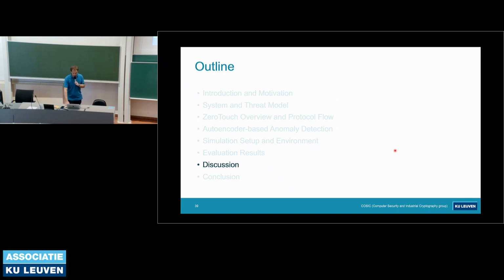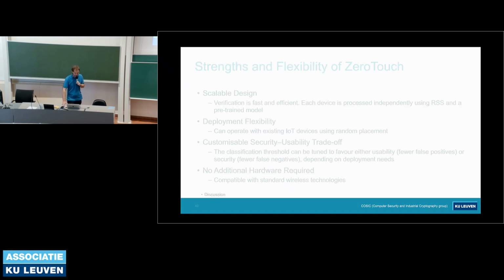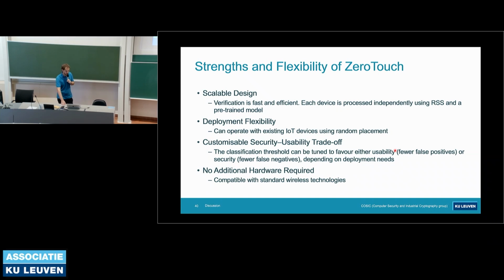So what can we say about this? We argue that the strength of our approach is that it's rather scalable, meaning that each device is independently checked using RSS. It's also flexible, meaning the user is not required to change much in order to implement this.